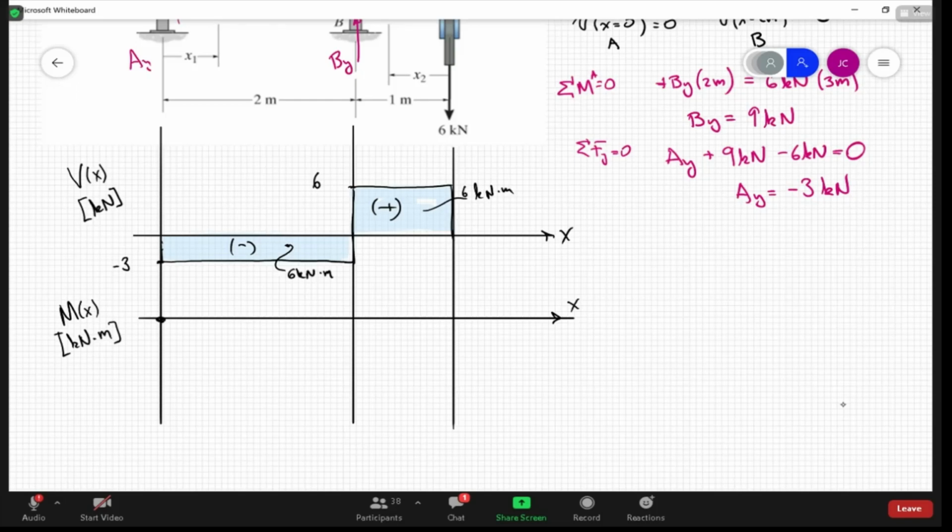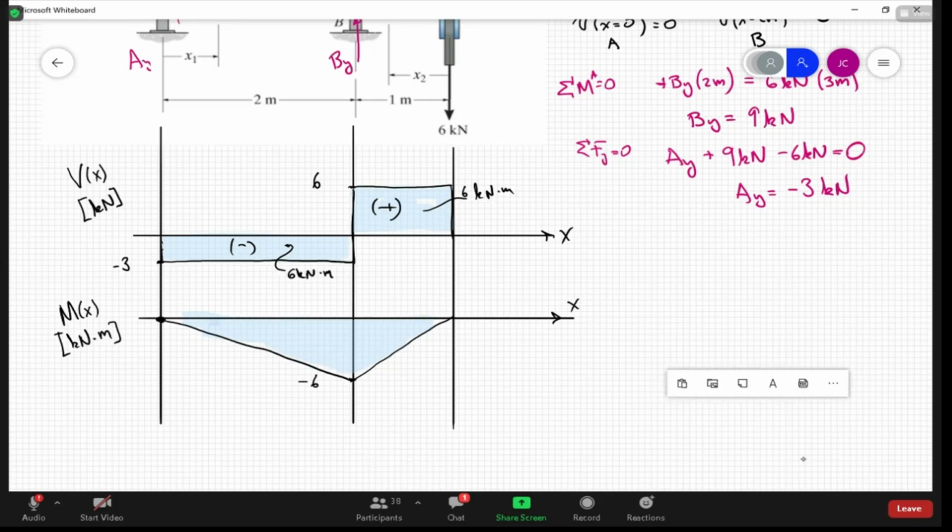So it's going to kick down to -6 kilonewton meters and then go back up to 0. So that is my moment diagram. The max bending moment happens at point B, and it's going to be -6 kilonewton meters.